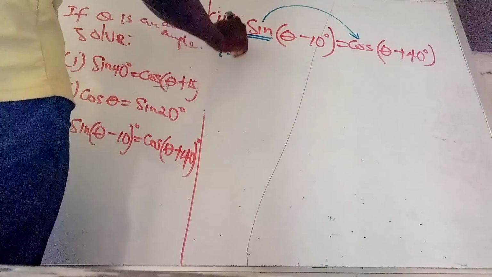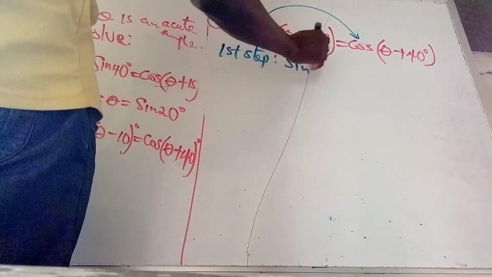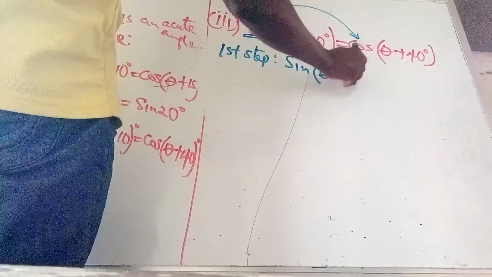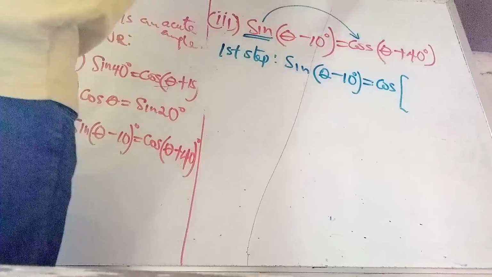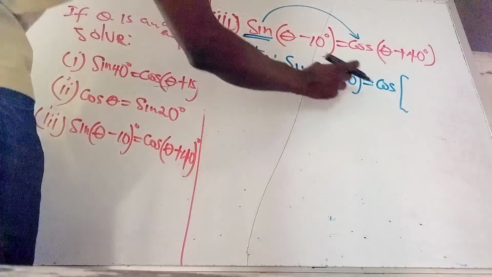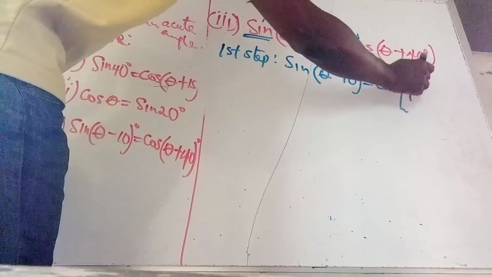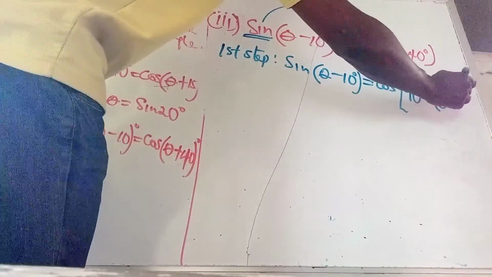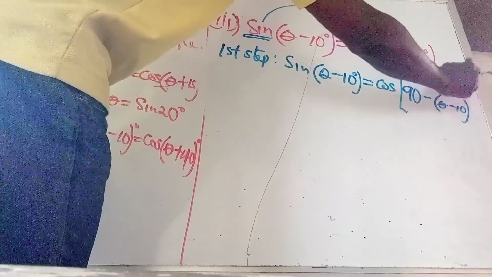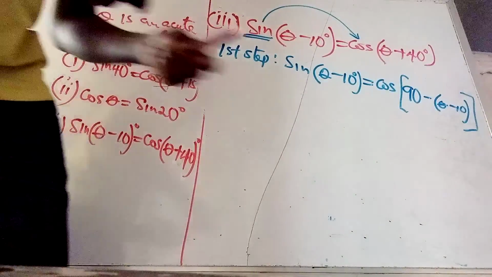So, first step, sine of theta minus 10 degrees will be equal to cosine of, I will now subtract the whole of this from 90. That will be 90 minus open bracket theta minus 10, bracket closed. It's very important you take note of this.